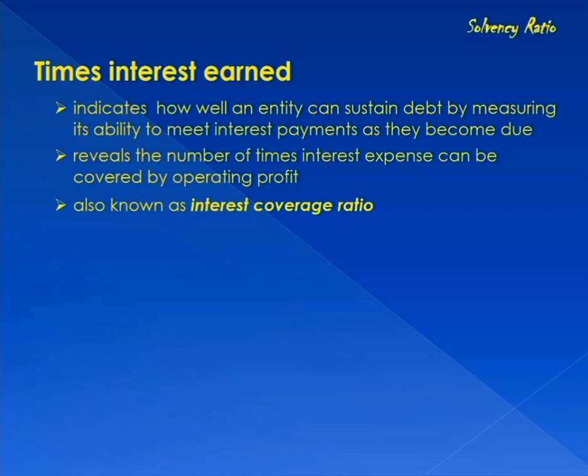This is a solvency ratio. Remember, solvency is the availability of cash over the long term to meet maturing obligations such as interest. The higher the interest earned ratio, the better able the entity is to fulfill its interest obligations.